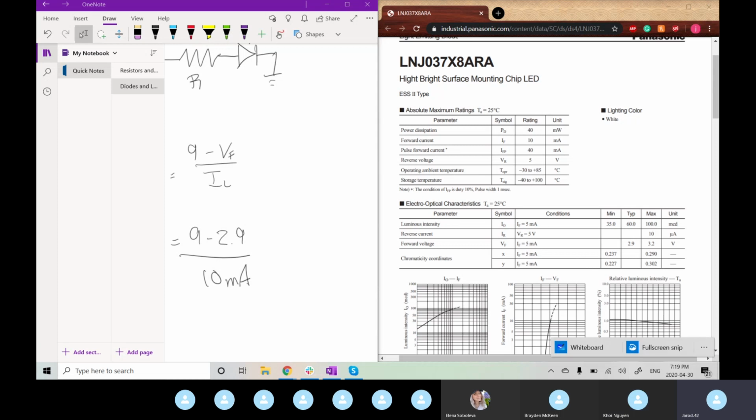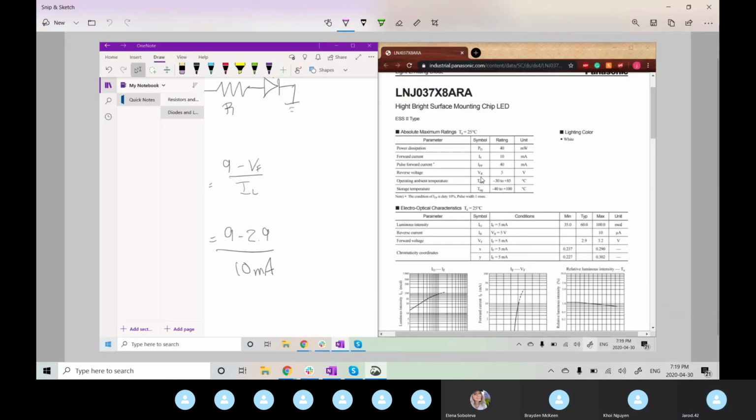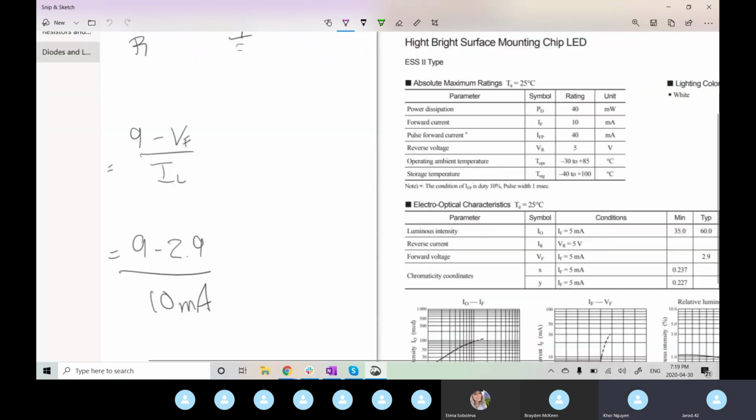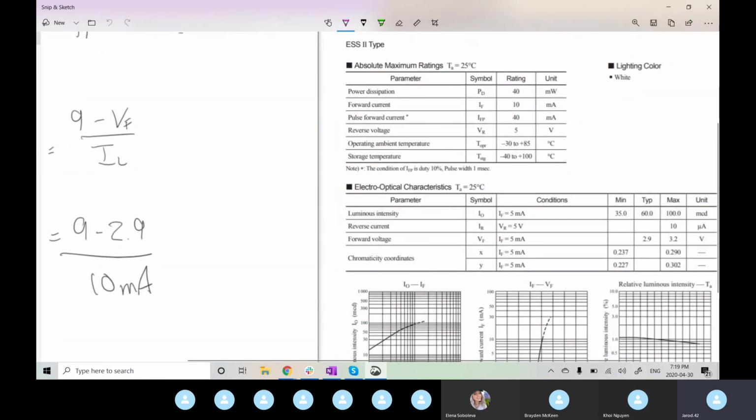Now it is possible that we could have been considering 2.9 at 5 milliamp. But the number we generally concern with would be in the max readings.